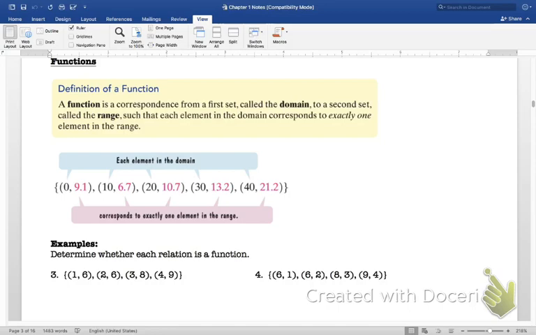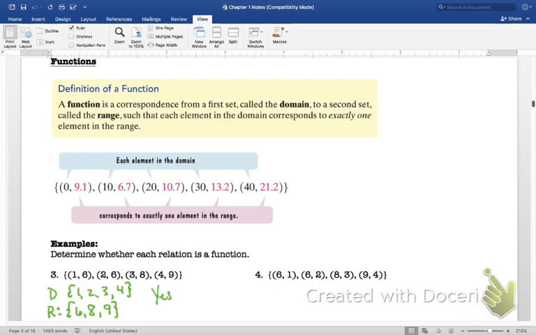Down at example 3, it says determine whether each relation is a function. Remember, for it to be a function, you can't have repeating domain values that have different output values. On 3, your domain values are 1, 2, 3, and 4, whereas your range is 6, 6 again, and then 8 and 9.